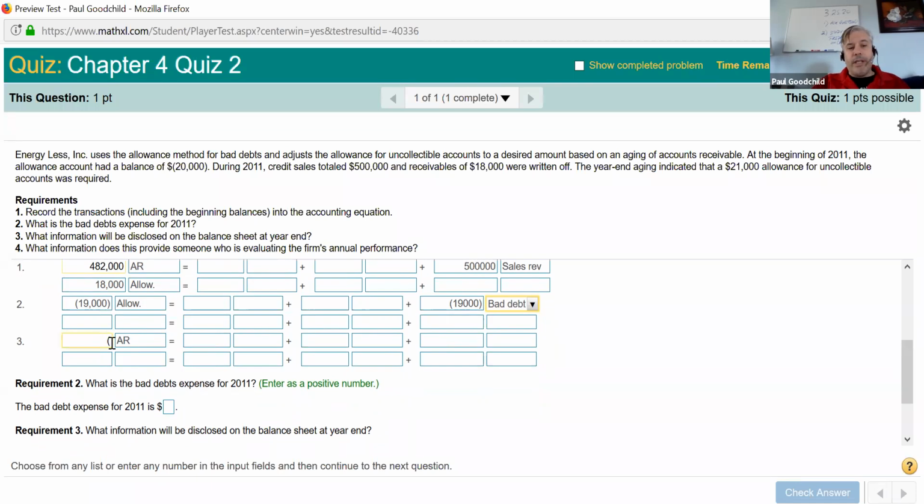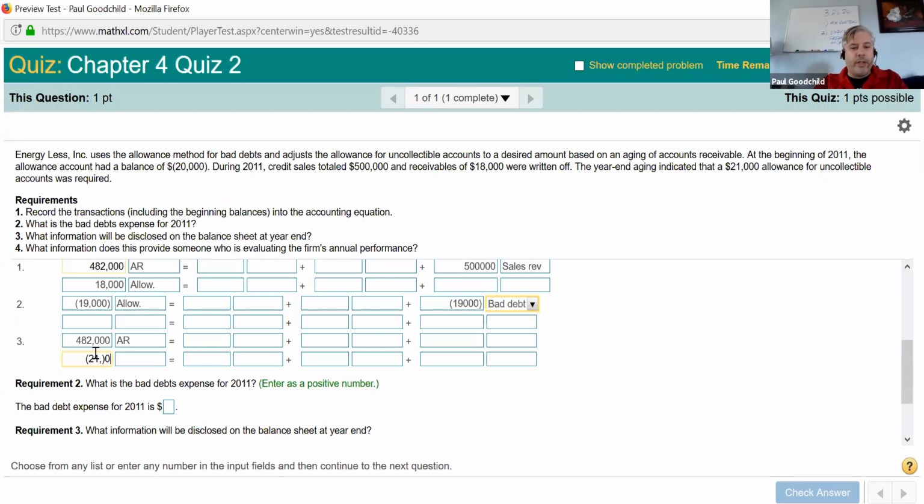And so 482 minus the 21,000 would be 461,000. And what I don't know is if it wants you to put them both in there, because it should have both pieces, but sometimes companies do it just net.